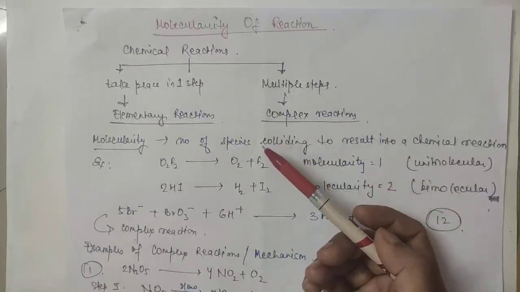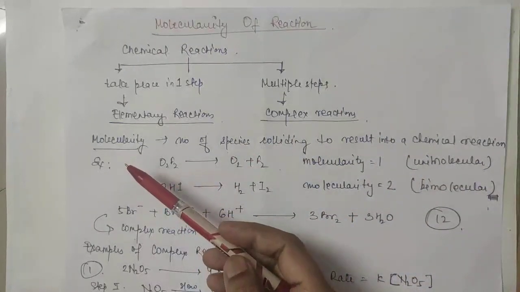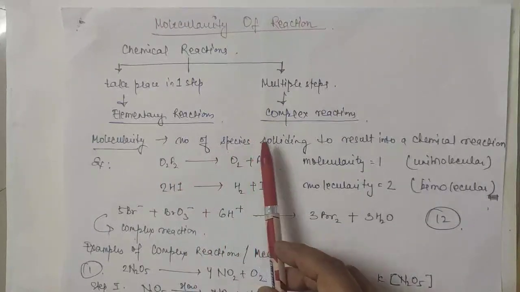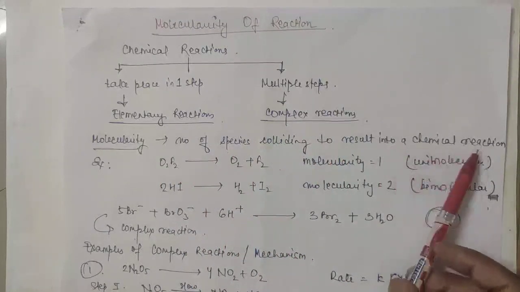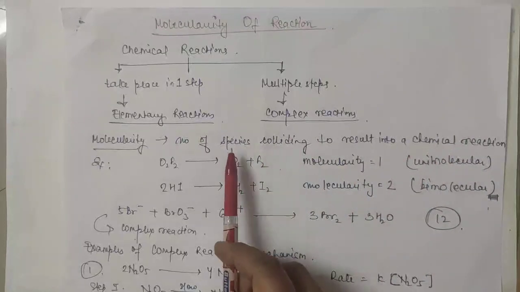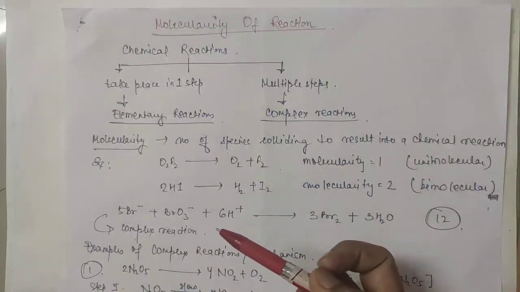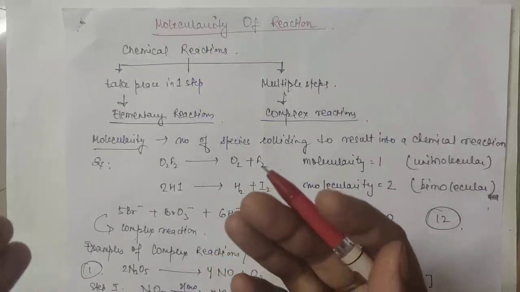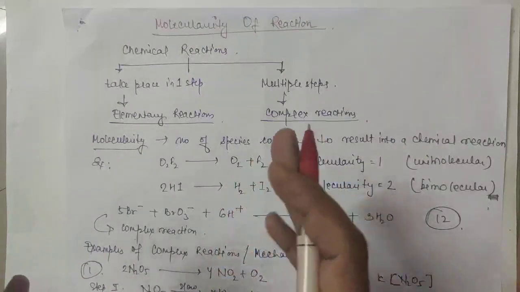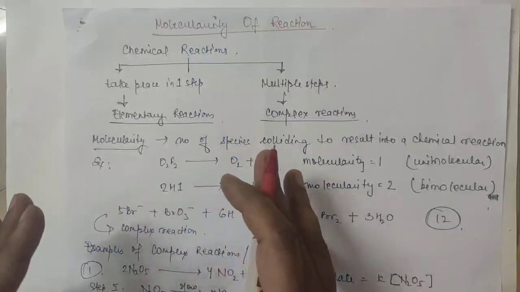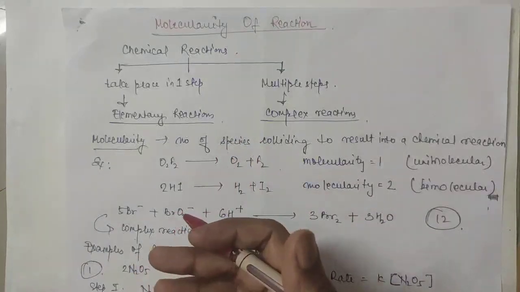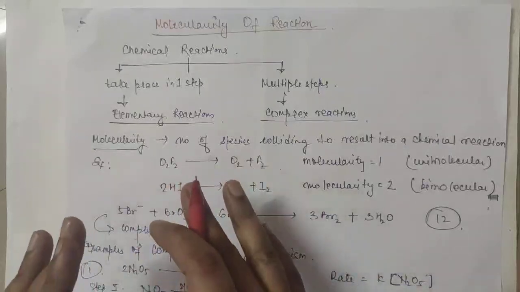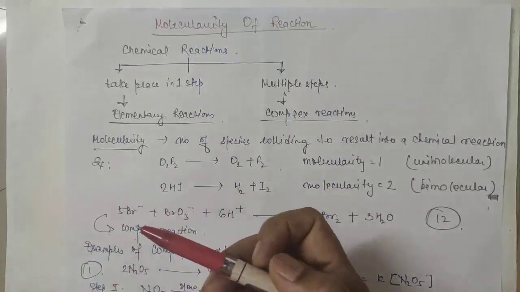Now the molecularity of the reaction is the number of species colliding to result in a chemical reaction. That means, according to collision theory, to carry out a chemical reaction, all the atoms, ions or molecules that are taking part as reactants must come close to each other and collide with each other to carry out the reaction.